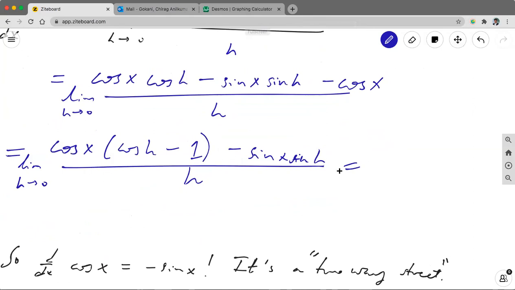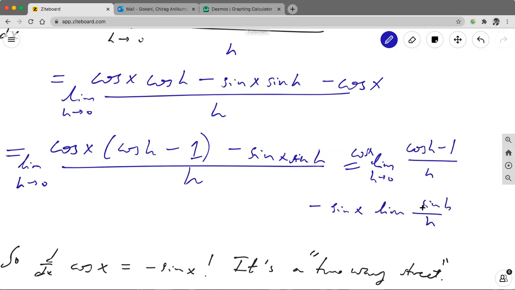Okay. So again, using the linearity of the limit, I can take out the cosine x. Sorry, this is a bit sloppy, and I'll write what's remaining, right? Minus sine of x times the limit of sine of h over h as h goes to 0. We just found that this is 1, so this entire thing is 1.